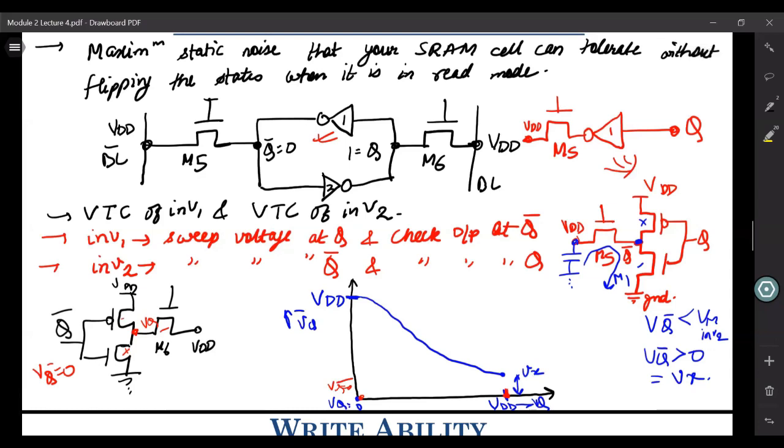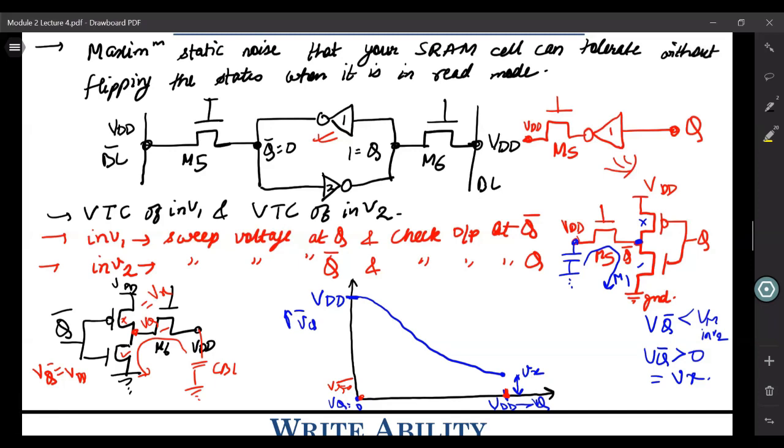Now what happens when VQ bar is VDD? When VQ bar is VDD, this turns on, this turns off. And again, the same thing happens: this discharges this load capacitor which was there, and this load capacitor is CBL. Because of this resistance divider configuration, you have VQ placed at some voltage, which is Vx here also, because we are talking about matched inverter pairs.